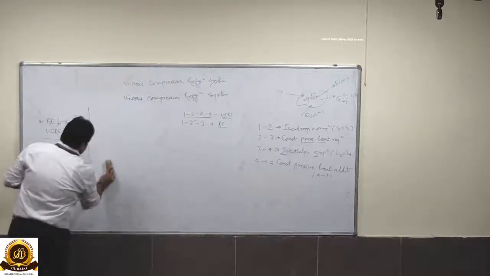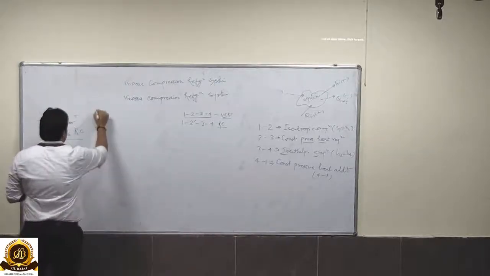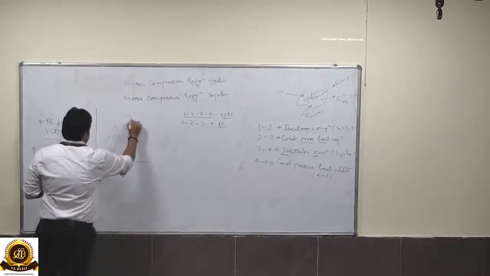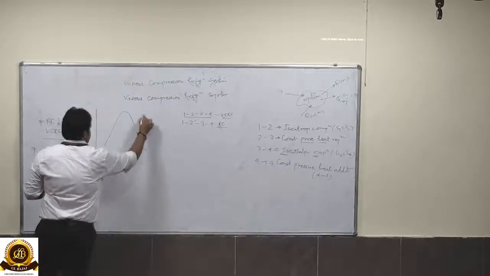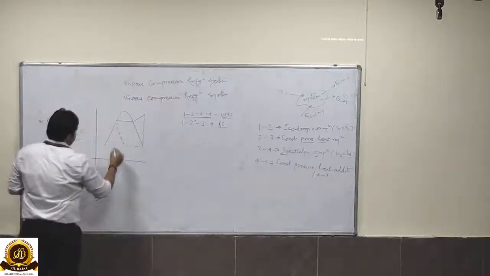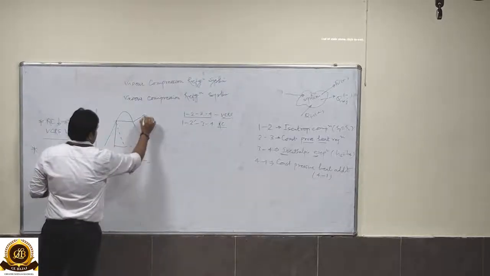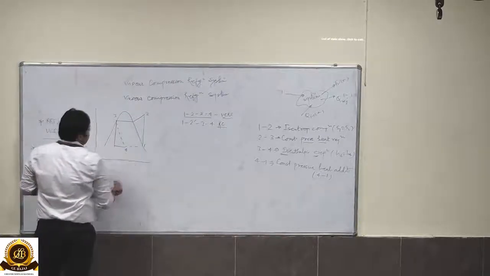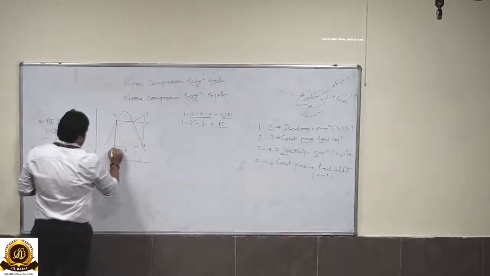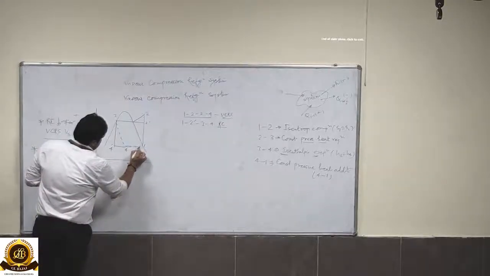We can again show it on the TS curve. 1, 2, 3, 4 is the vapor compression refrigeration cycle, while 1, 2 dash, 3 and 4 dash is the curve for a reverse Carnot cycle.